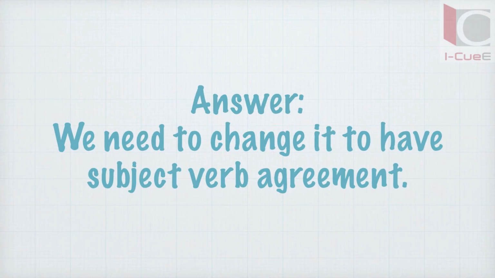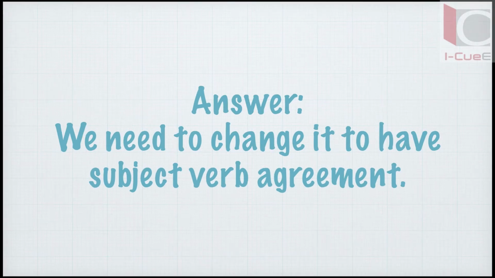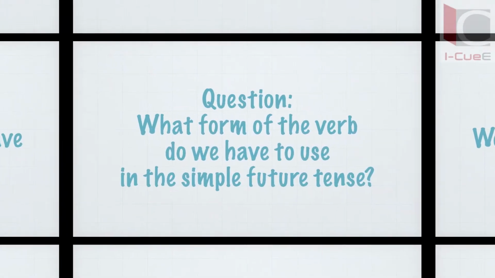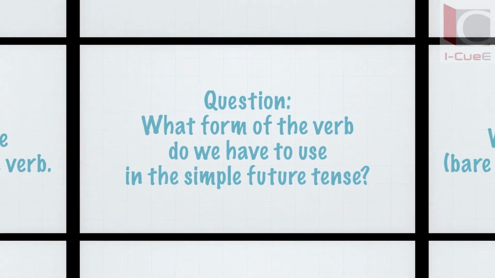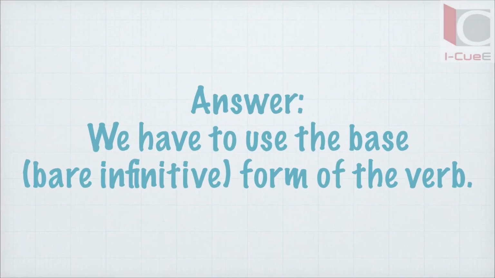We need to change it to have subject-verb agreement. What form of the verb do we have to use in the simple future tense? We have to use the base or bare infinitive form of the verb.